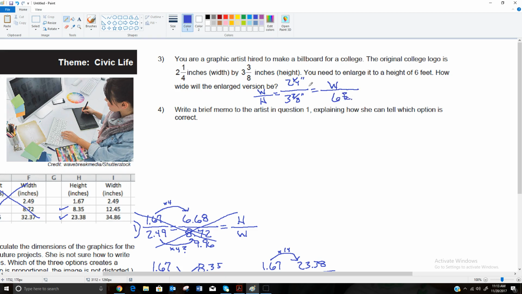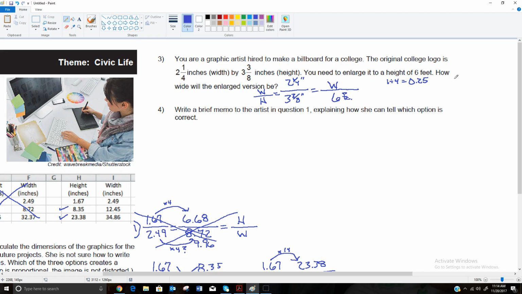This is hard to work with because of it being fractions, so let's take care of that. 2 1/4, if I want to change that to a decimal, I need to take the 1 divided by 4 and get a decimal for that. Now, most of us know that because we see that a lot, that 1 divided by 4, or 1/4, is 0.25.